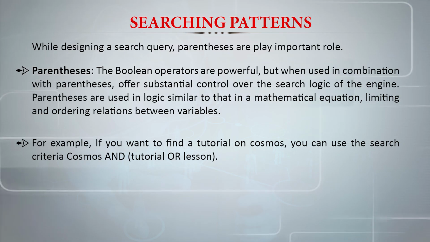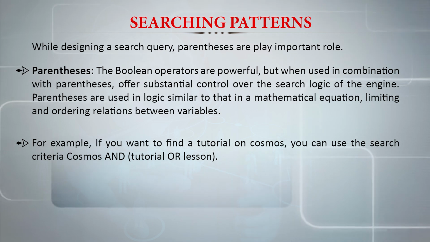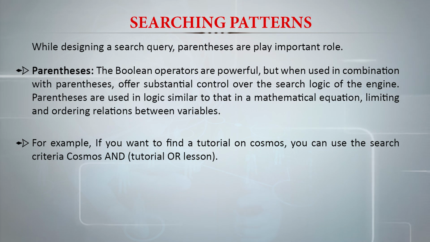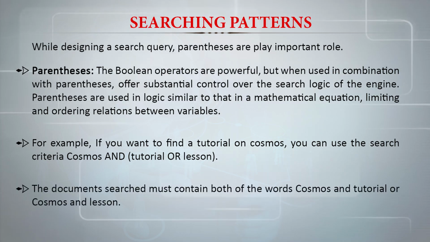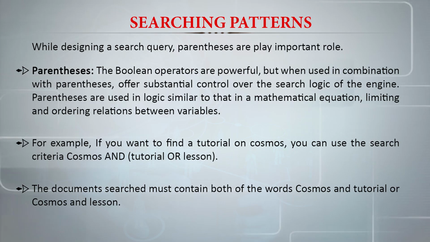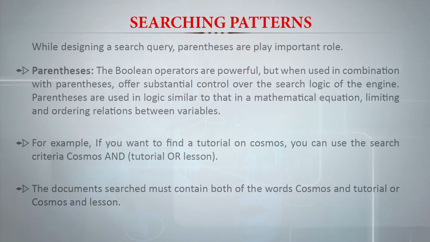Then it will be very difficult for us to find which is the best output for our search. So we should always give the search engine information about what we are looking for. The document searched must contain both the words Cosmos and tutorial, or Cosmos and lesson.